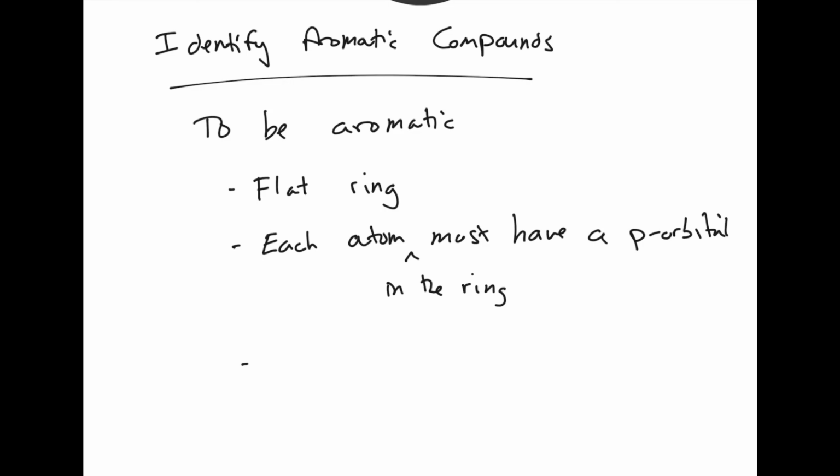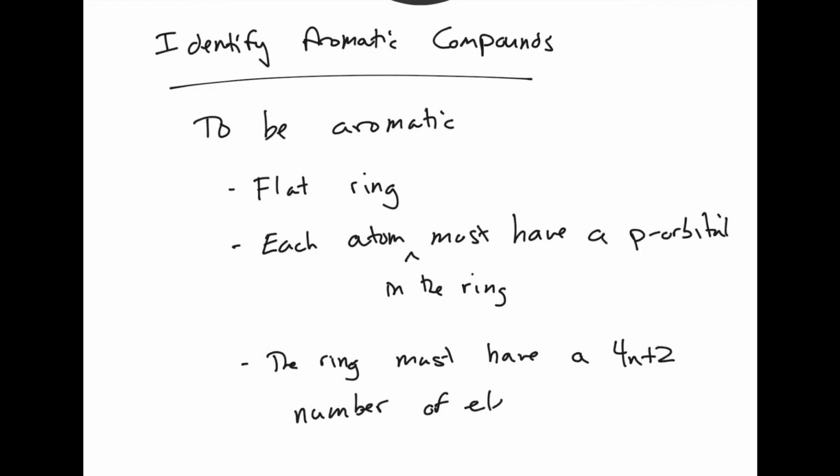And then the last one is the ring must have a 4n plus 2 number of electrons.